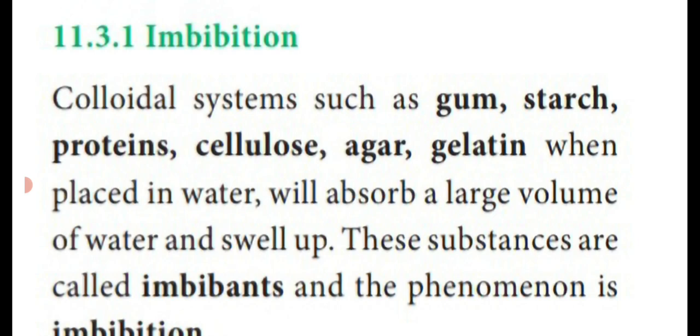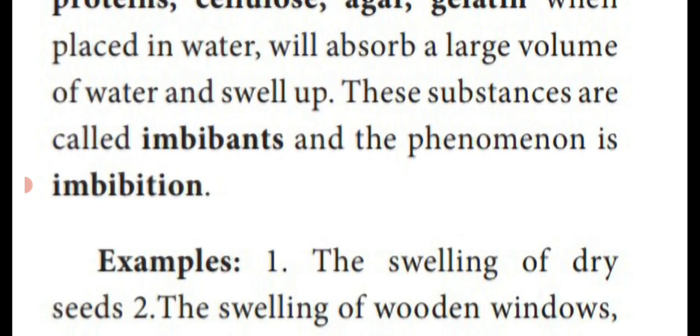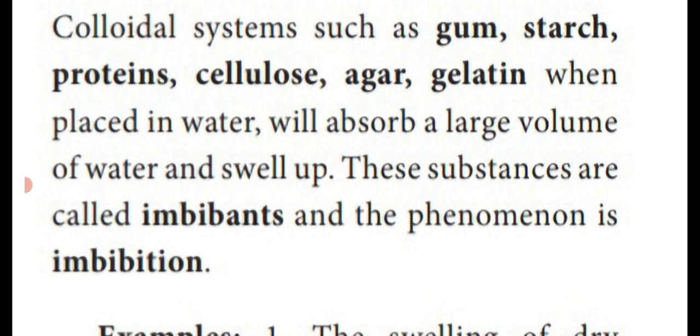So the things which are responsible for the imbibition process are known as imbibant. So what is the imbibant? The gum, starch, protein, cellulose, agar and gelatin are known as imbibant because they absorb a large volume of water and the shape swells up. The phenomenon or process to absorb the water is known as imbibition.